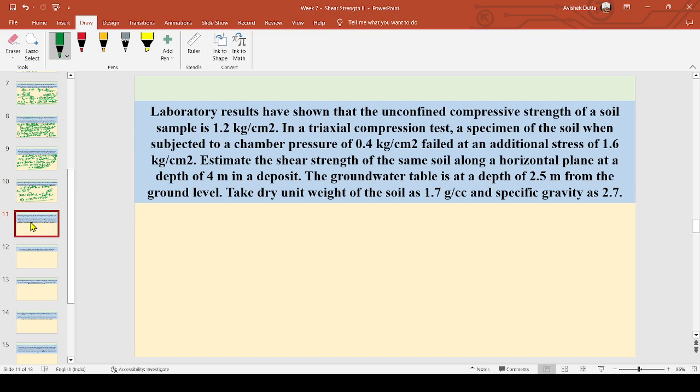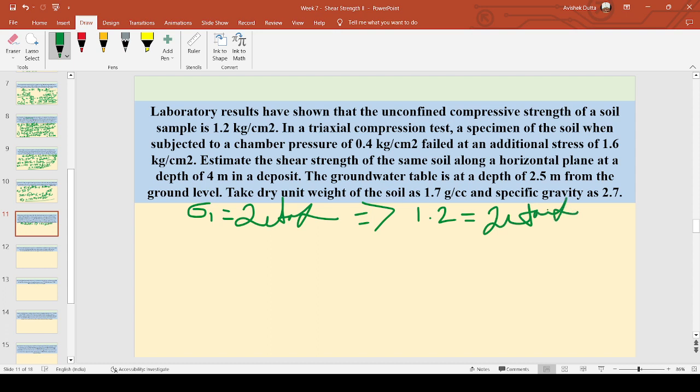Okay, so here first unconfined compression test has been done, and here sigma 1 equals 2c tan alpha, because it is unconfined, sigma 3 is 0. Hence, we can say that here sigma 1 is 1.2. It has been said it is a compressive strength, 1.2 equals 2c tan alpha.